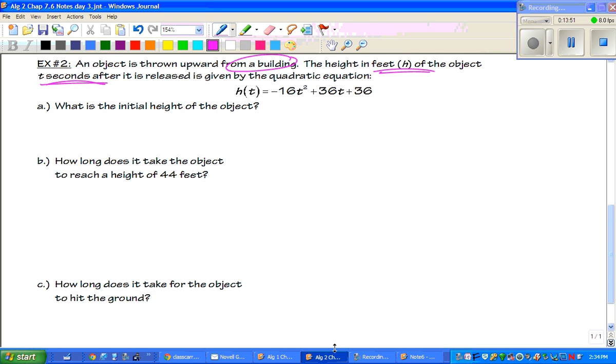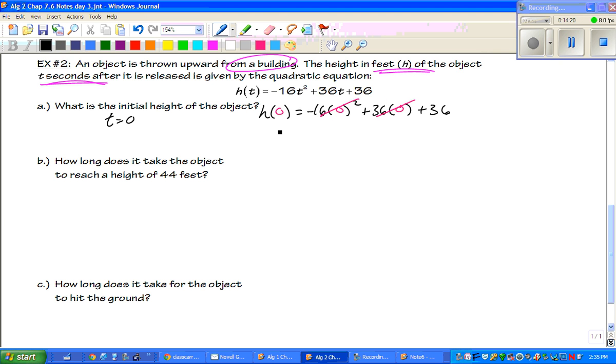And let's get started. So the first question, once again, is asking what's the initial height, and that's where the time equals 0. So h of 0 equals -16(0) squared plus 36(0) plus 36, and we're plugging in 0.